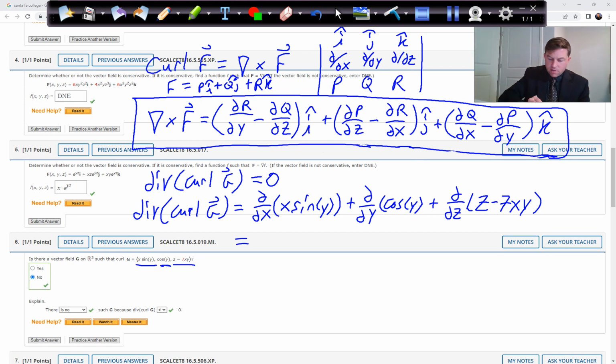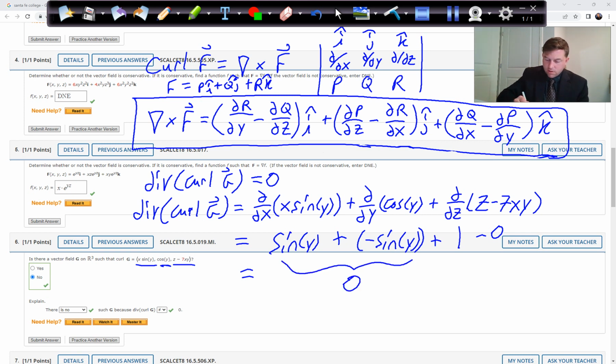The x just goes away, so you get sine y, plus partial with respect to y of cosine y is negative sine y, plus partial with respect to z is 1 minus 0. This is equal to sine y minus sine y, so that is 0, but then we have plus 1 and minus 0, so this whole thing is plus 1.